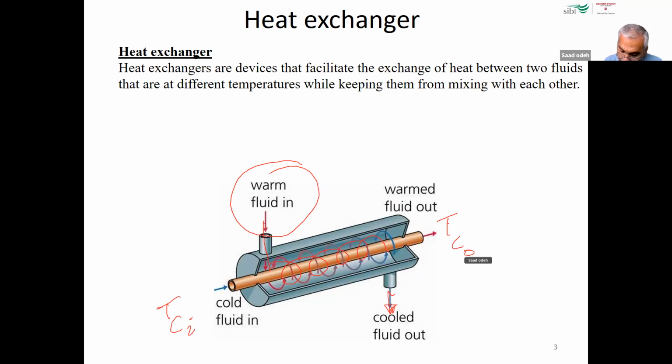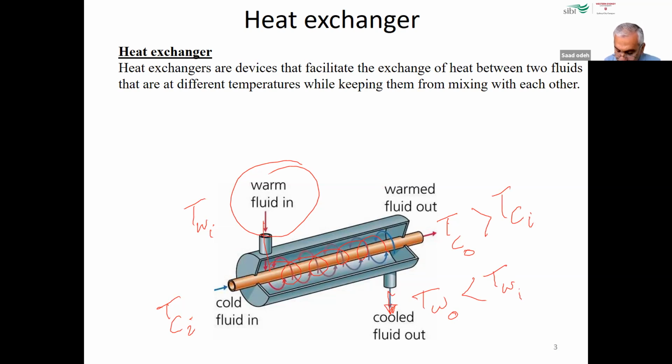And T cold exit will be greater than T cold inlet because we are heating the fluid. While for the warm fluid, T warm fluid in and T warm fluid out, we will find that T warm fluid out would be less than the inlet, because again, this is where we lose heat.